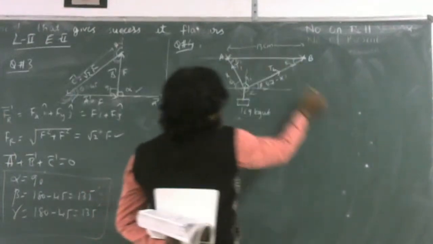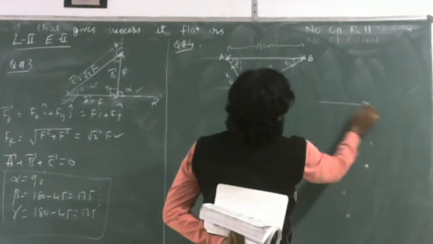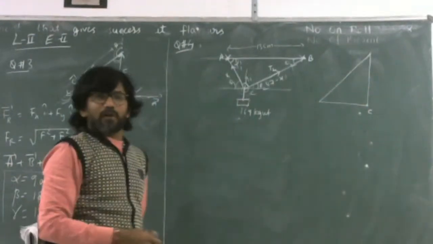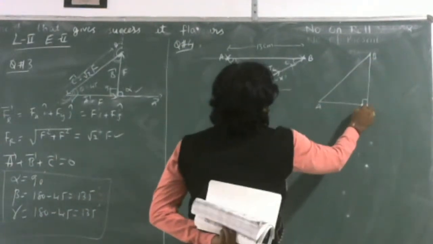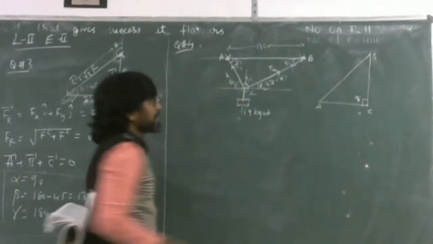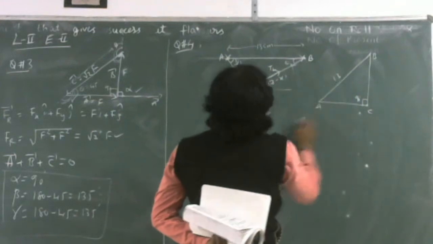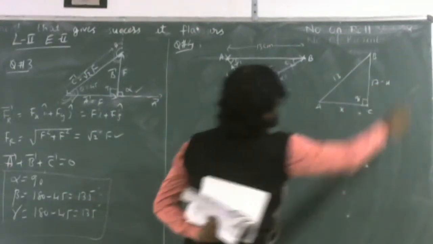If you redraw it in right angle triangle form, it is A, C, B. At C the angle is 90. AB is 13 and AC is x. This is 17 minus x. Do you understand?